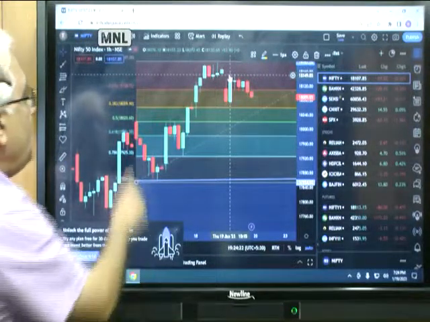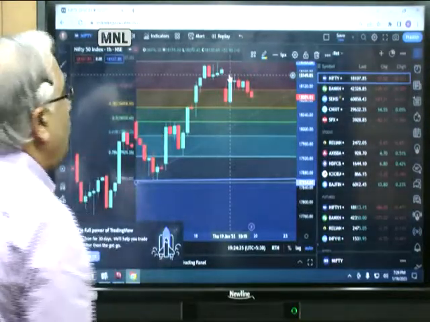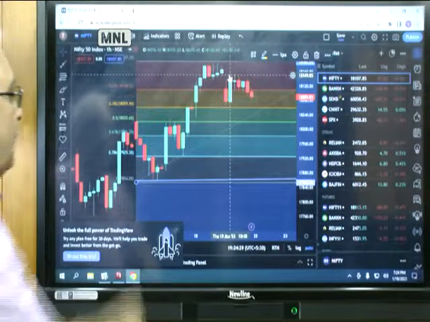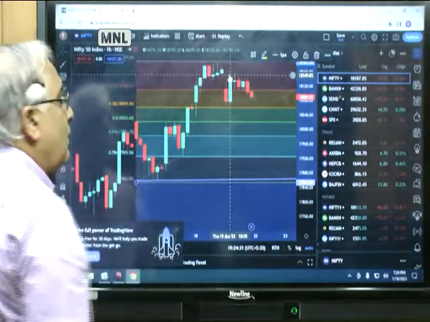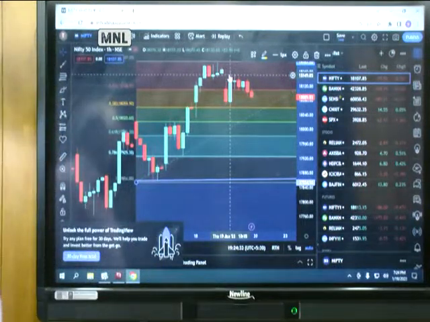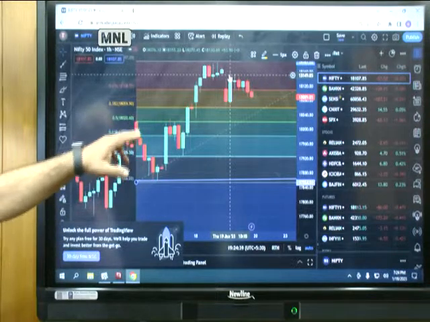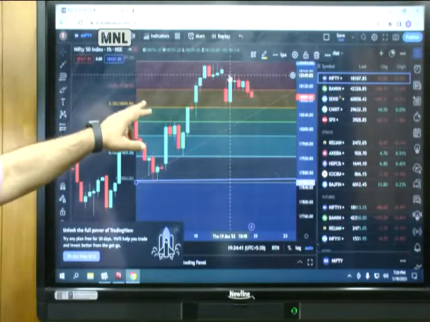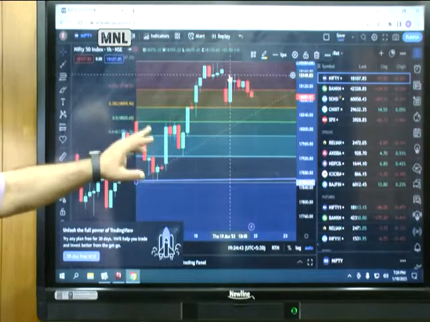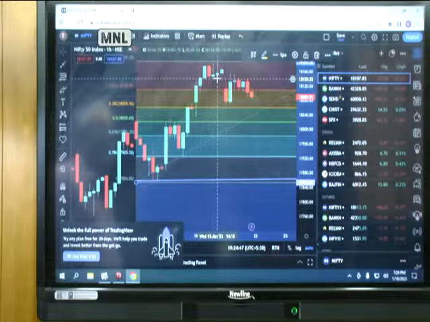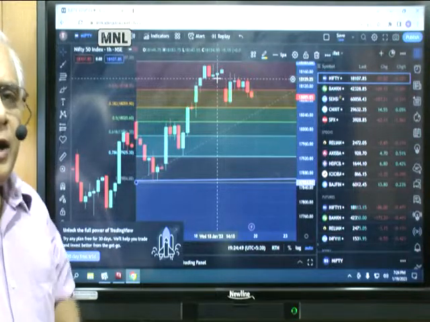If it comes to 61.8, we will keep 18,059, that is 38.2%. If it comes to 78.6, we will keep 50% as the level above which we will start to act. So right now, the 23.6% is being cut at 18,108. We are keeping that 18,108 level itself as a stop loss.